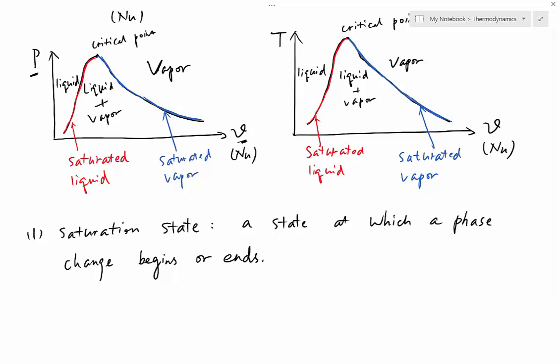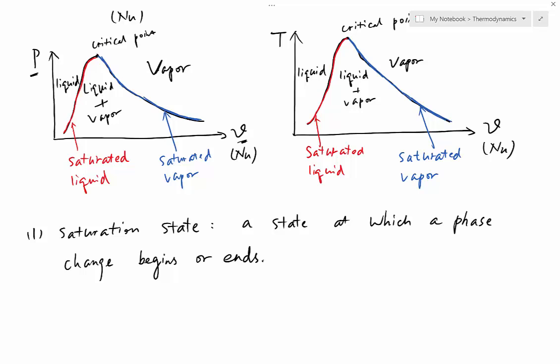You have a pot of water, you put it on the top of your oven, you turn the gas on, so you add heat to the water. What's going to happen is the water is going to become warm, warmer, and hot, and then at a moment it's going to start to vaporize. The moment it starts to vaporize, in other words, changing phase, the beginning of a phase change from liquid to vapor is called a saturation state.